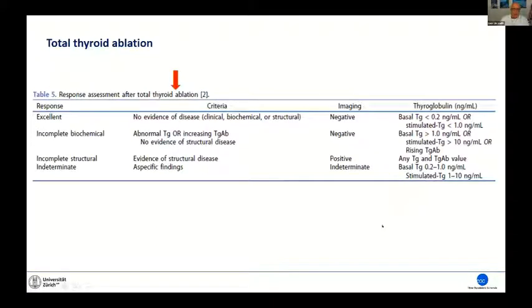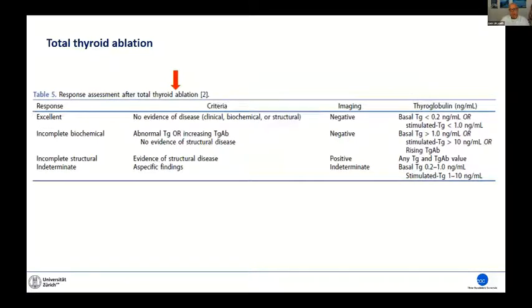Notably, the ATA response assessment works very well. They were developed for patients treated by total thyroid ablation. In these cases, the management of thyroglobulin is quite simple, and patients with an undetectable basal thyroglobulin are considered in excellent response.